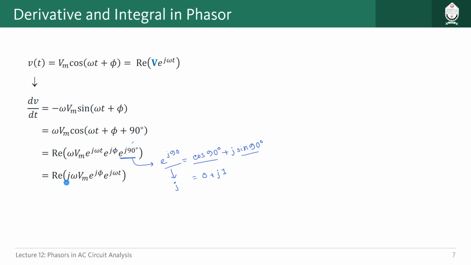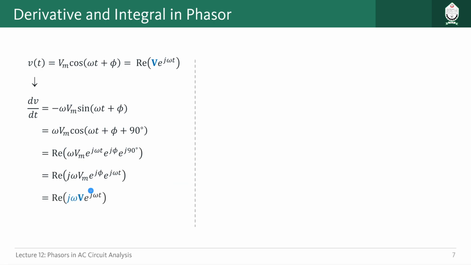Omitting this portion, we have just put this j value here, and all the other things are kept as before. So finally we get this equation, and this particular portion here, Vm e to the power j theta, we had already seen is the phasor of v of t, which is this one, right? So we have finally simplified this.